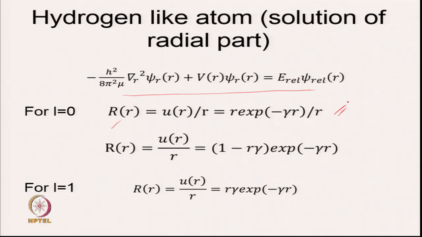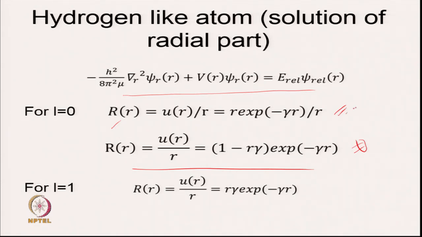So, this is the solution which we obtained when we started with L is equal to 0. This was the first solution. We can also get a different solution for the same differential equation, and one of them is this. I also told you that the first solution corresponds to n is equal to 1, whereas the next solution belongs to n is equal to 2.